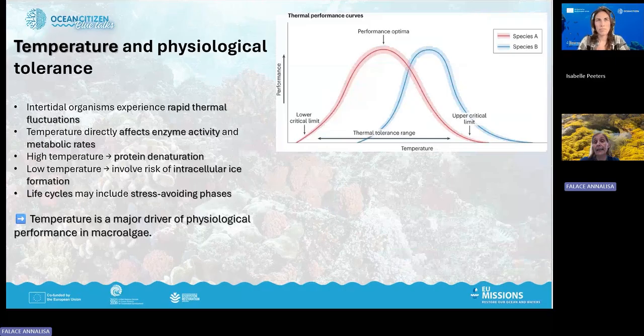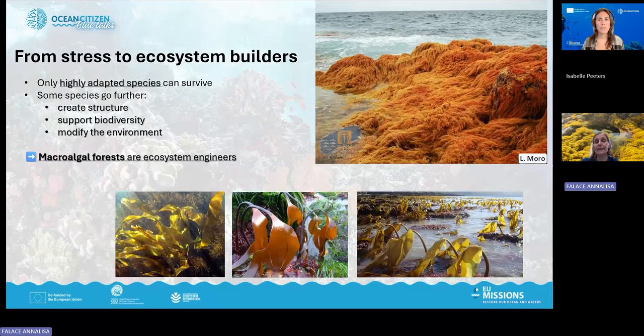The high temperature during low tide, for example in summer, can cause protein denaturation in algae that are not well adapted, or in the cold period in winter, always during low tide, there is the risk of intracellular ice formation. So they have to adapt to this very stressful ecosystem.